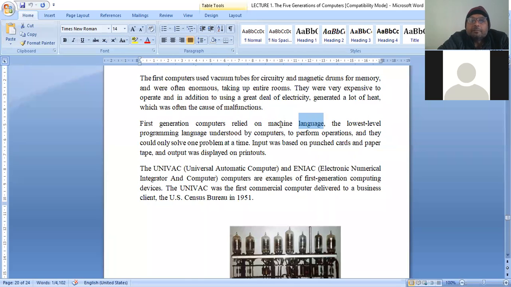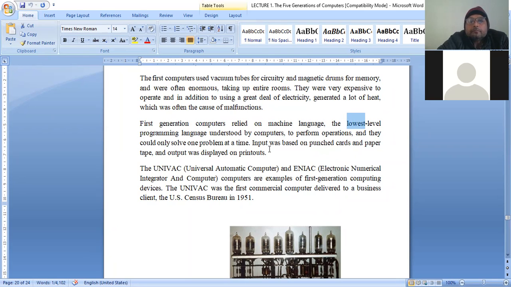But before, computers completely used machine language, so they could not interpret the languages we use nowadays. We had to write the program purely in what the machine understands.